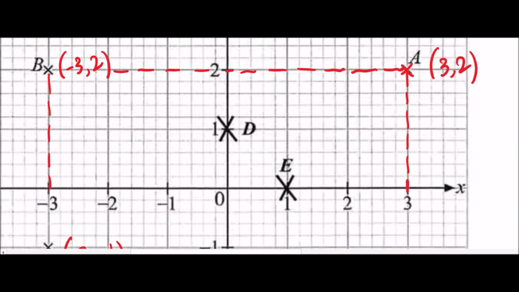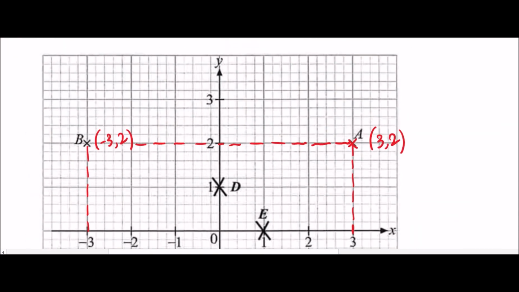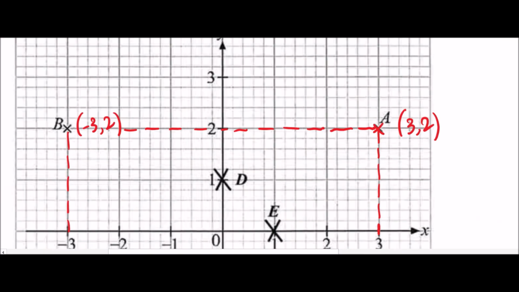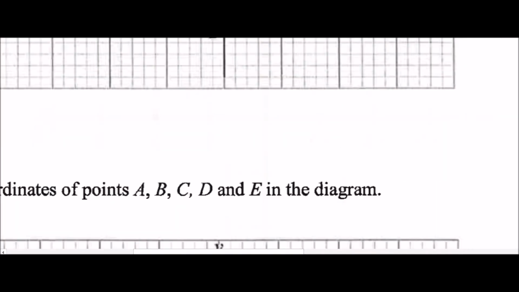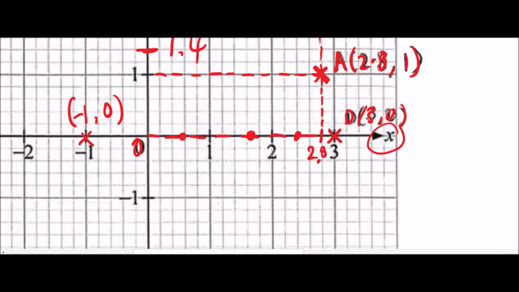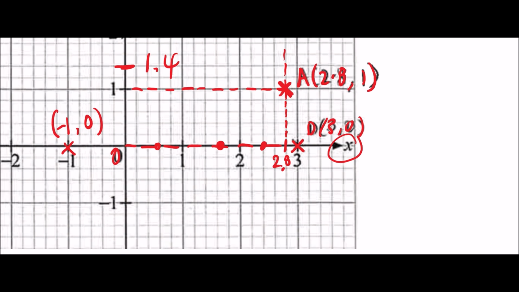How about D? Now D lies exactly along the y-axis. It lies on the vertical axis. Now, if anything lies along the vertical axis, guarantee its x coordinate is 0. Can you see why? If you follow the argument for point D just now, I said any point that lies along the x-axis, the y coordinate is guaranteed to be 0.